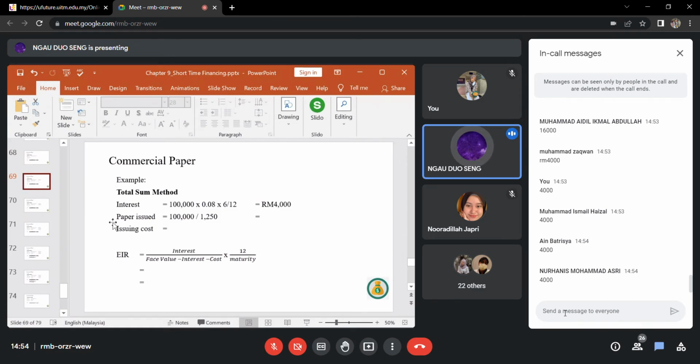Then we calculate the paper issue. So berapa certificate, berapa kertas company kena jual supaya dia dapat 100,000. So we are using 100,000 bahagi dengan 1,250. So dia kena jual berapa? Sini tulis 80. So syarikat kena jual 80 commercial paper, then dia akan dapat kumpul 100,000, sebab satu kertas adalah berharga 1,250.